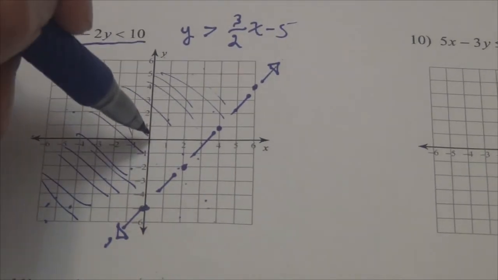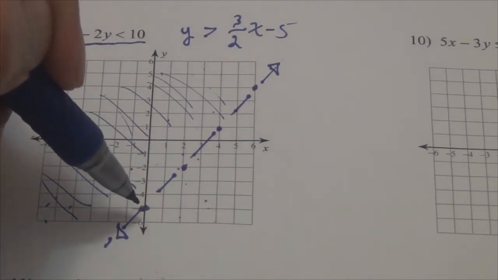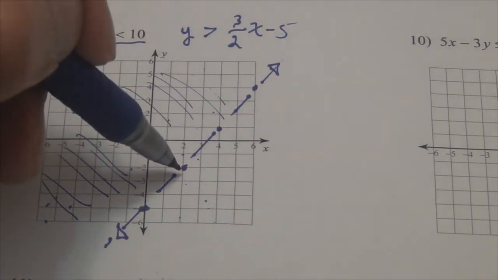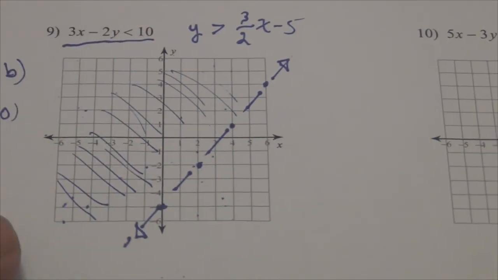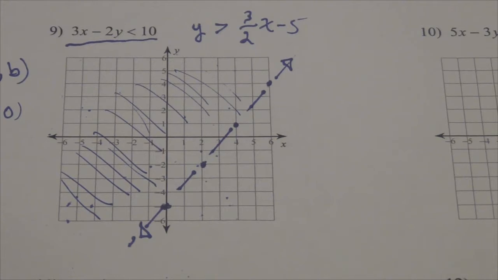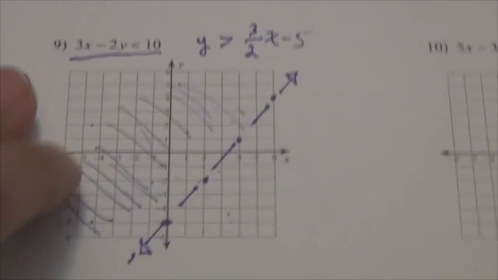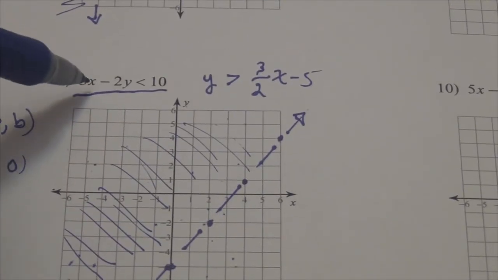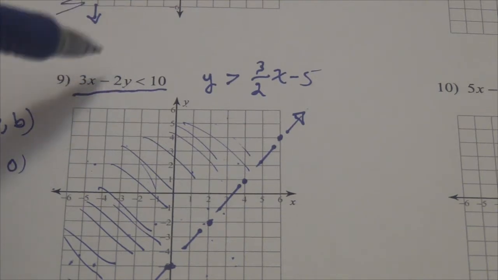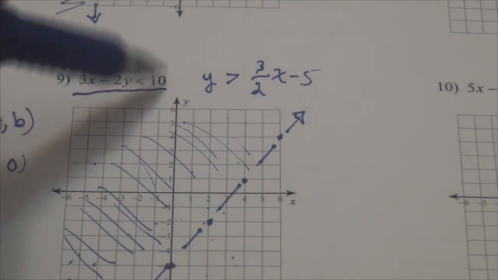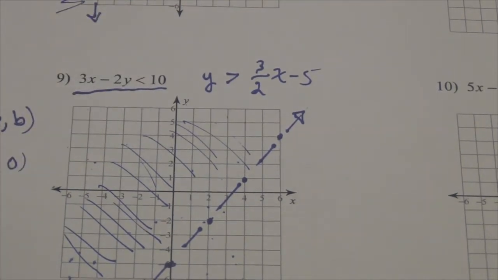You see that? It works. So on the standard form, all you have to do is give values for x and then try to match it with the value of y so you could get what's on the other side, pretending that it's an equation, and then you go back to the inequality. All right? Cool then.